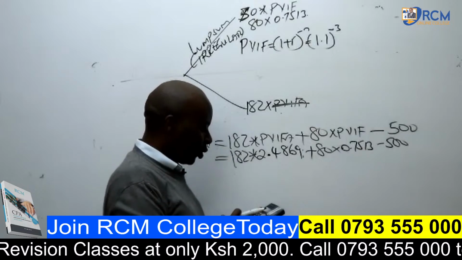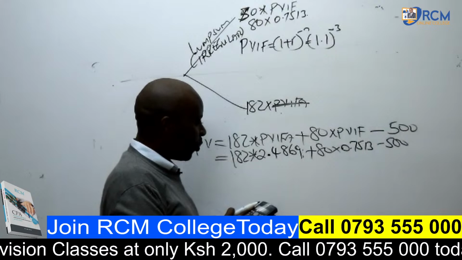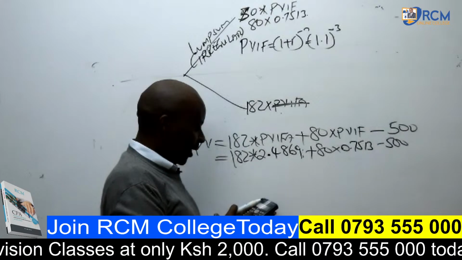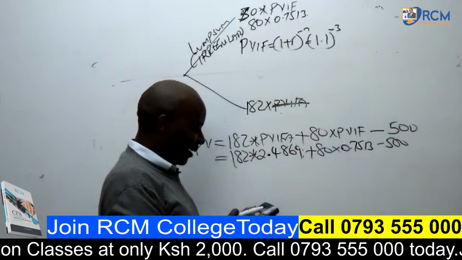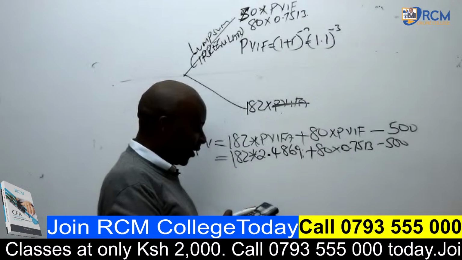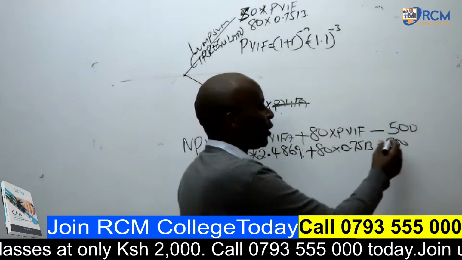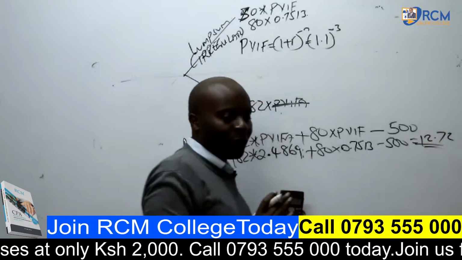Talk of 182 times 2.4869 plus 80 times 0.7513 minus 500. Then at the end of the day, what figure will we get? We shall be getting here 12.72, which happens to be a positive NPV.